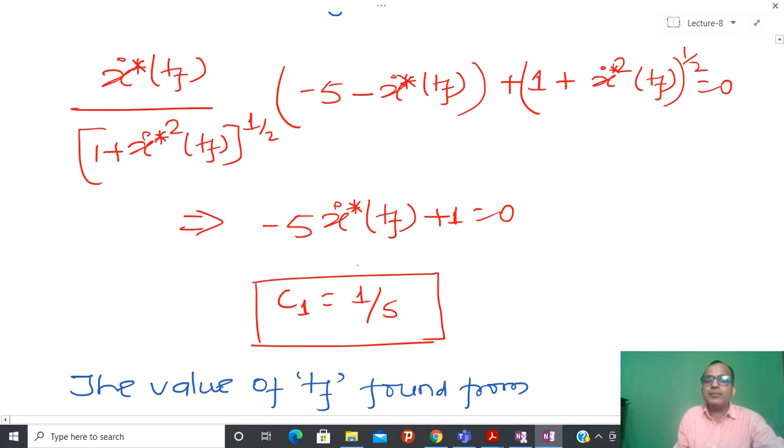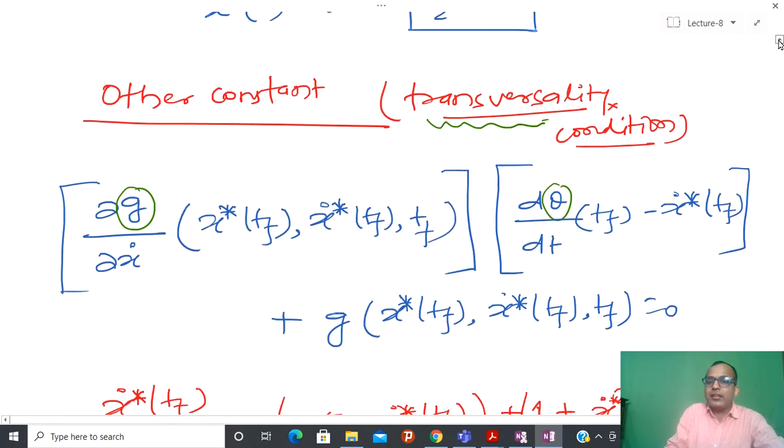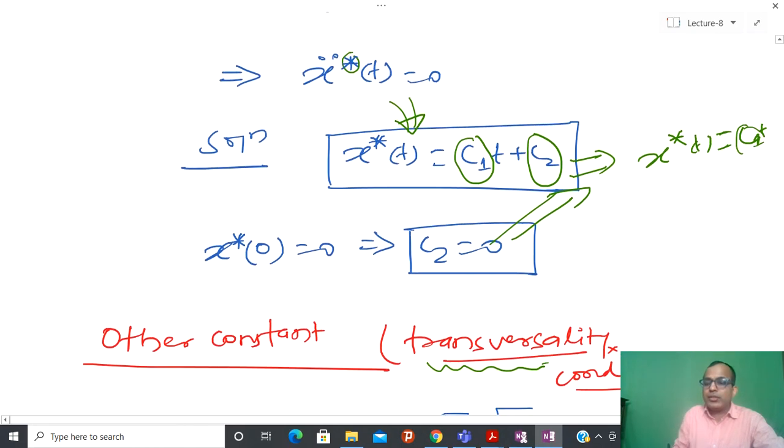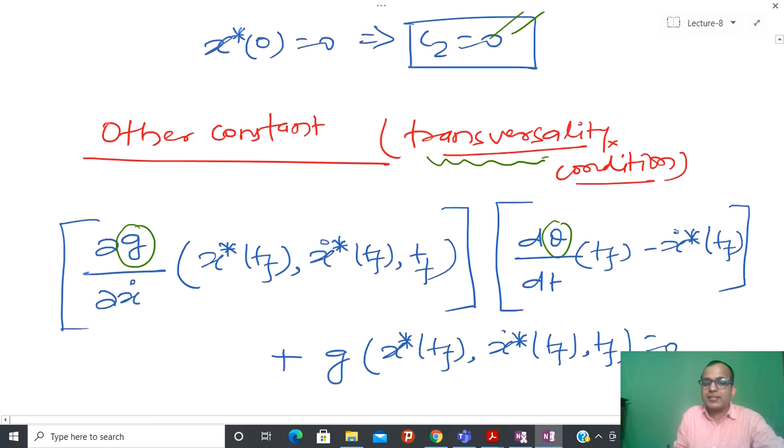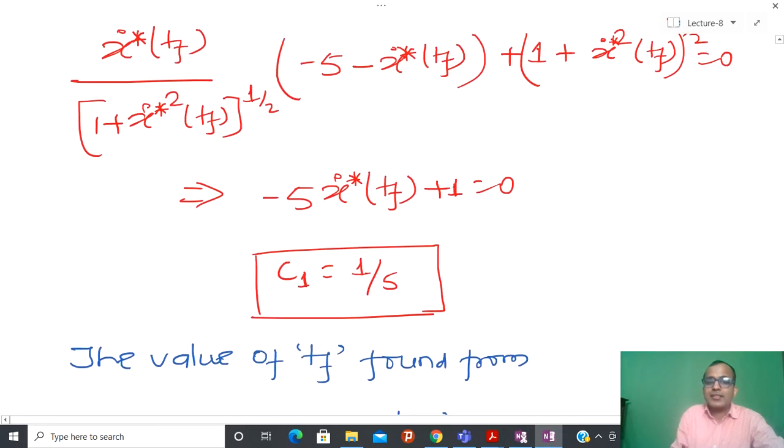And in this way, since I know that x star is C1 into t, and from here if you calculate x star(TF), that is 1 by 5, so automatically C1 is nothing but 1 by 5.